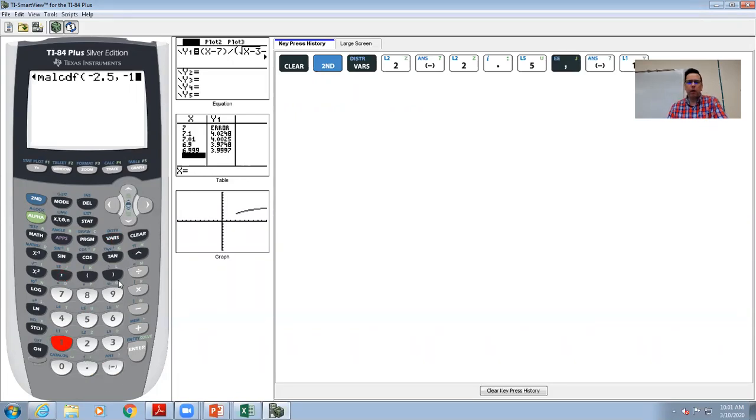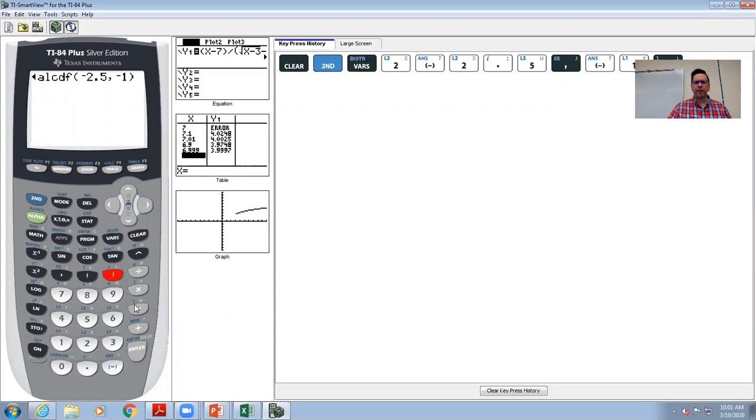Now on some calculators, I actually like this kind better. A little menu will pop up after you hit normal CDF, and it will ask you what's the lower limit, what's the upper limit, and what's the mean, and what's the standard deviation. So if you're working in standard normal distribution, put these as your lower and upper limit, and then remember the mean is 0 and the standard deviation is 1.